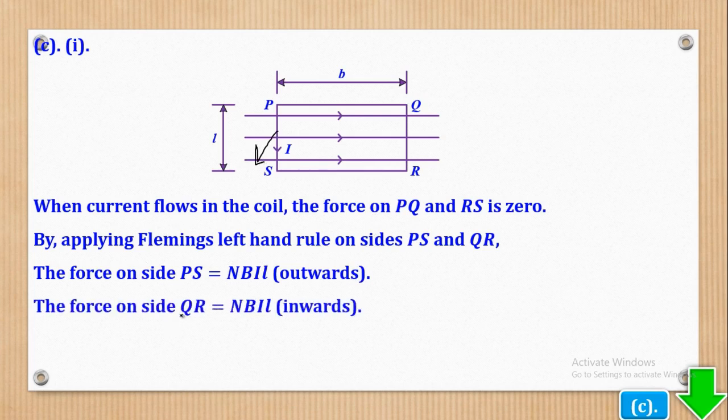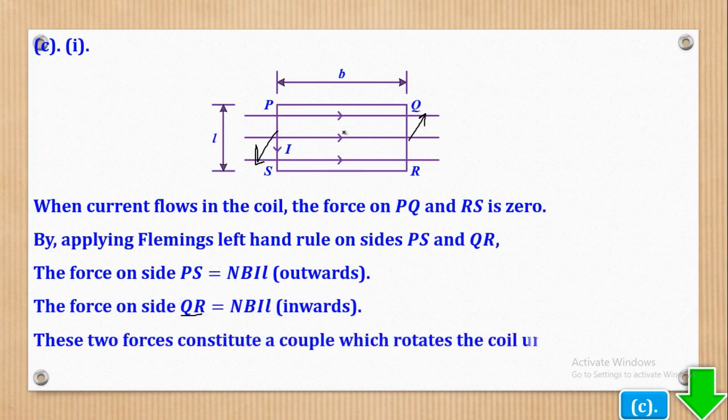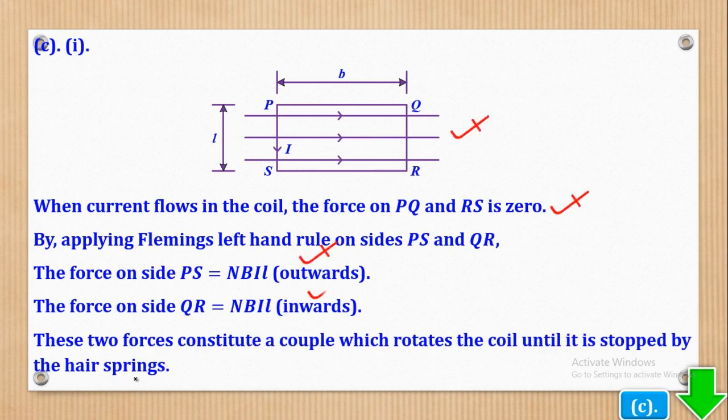The force on QR will be NBIL and it will be inwards. So these two forces constitute a couple which rotates the coil until it is stopped by the hair springs. So on this slide, those are the marks.